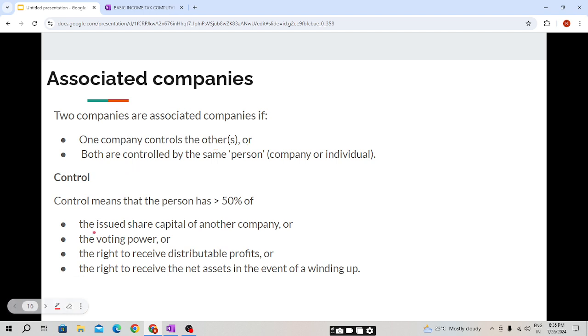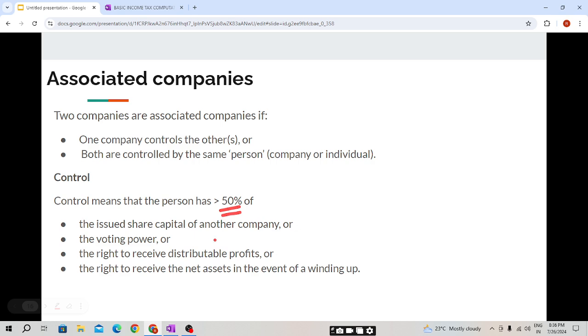Now coming to the term control. Control means that the person has more than 50%. More than 50% means 51% holding must be there. So students, the term control means more than 51% holding must be there with the person.